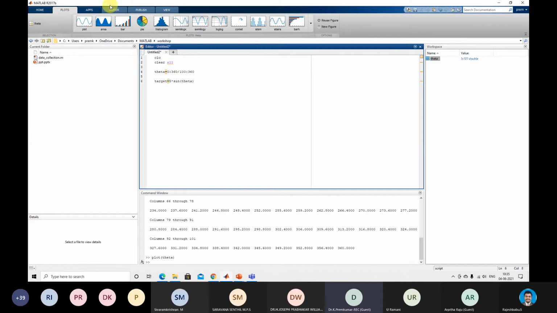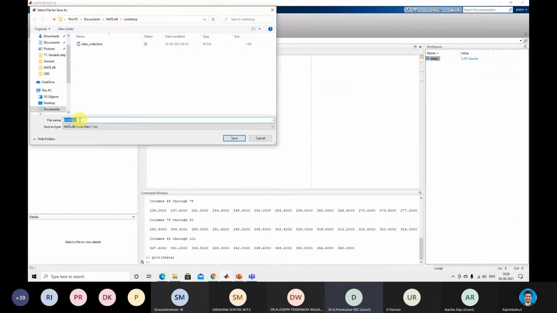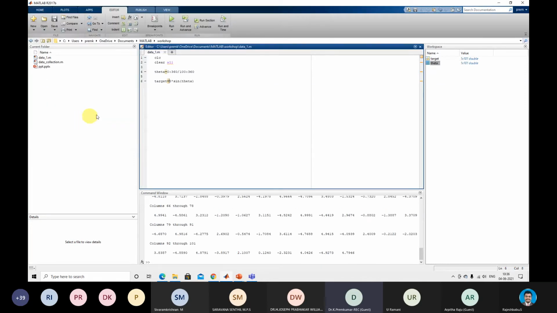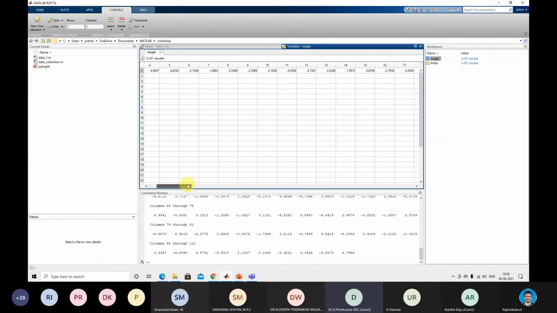I'm going to execute this file. It will ask for saving, so you just have to save it. After executing, you will see the data for the target.